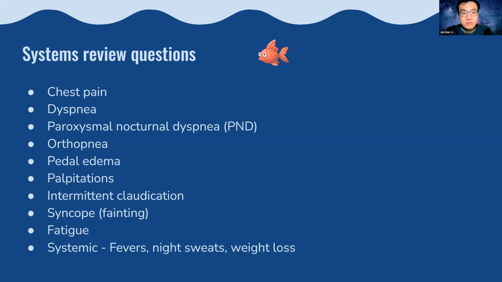Pedal edema, that's swelling around your ankles. I'll talk a bit more about that later. Palpitations, when you can feel your heartbeat, but there are also several other ways to ask that so the patient knows what you're talking about. Intermittent claudication, that's pain in your calves when walking. Syncope, so fainting. Fatigue, tiredness, lethargy, anything of that. And also don't forget your systemic questions, so fevers, night sweats, and weight loss.